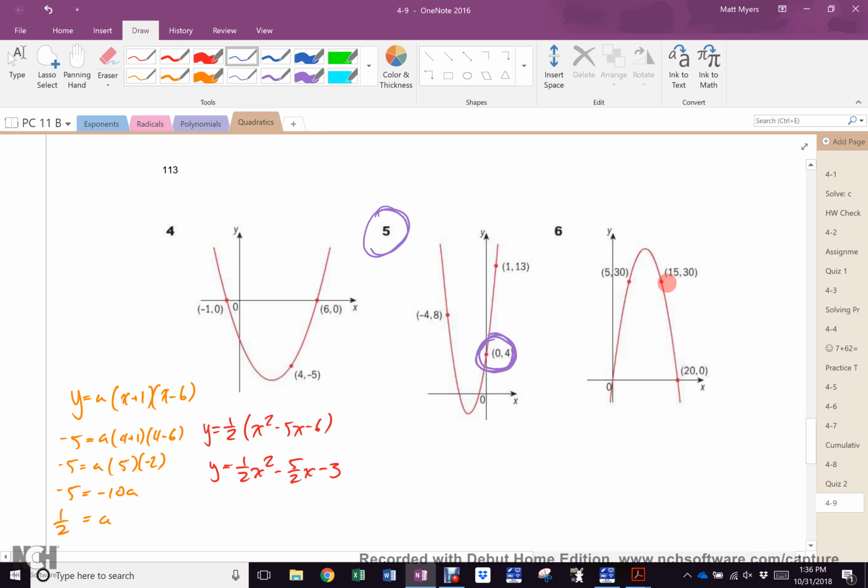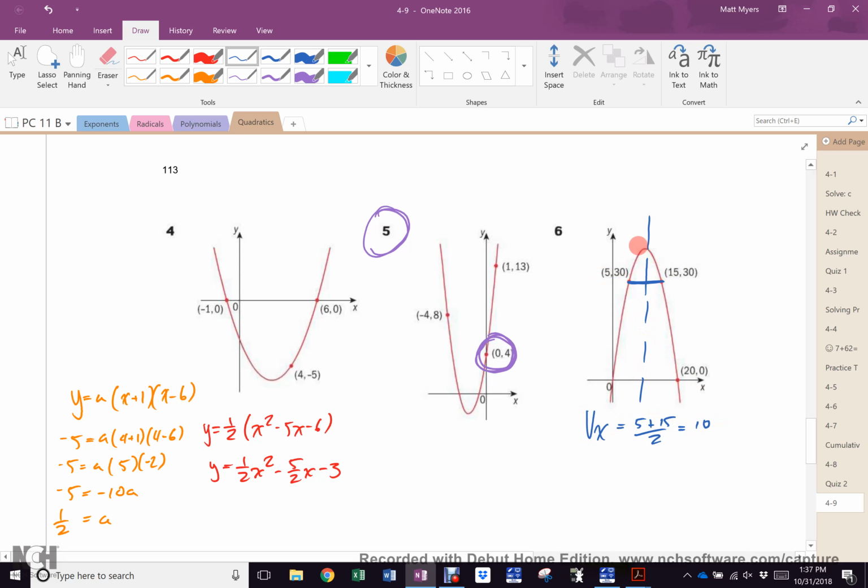6 is a little weird because you have one root, and it looks like you have the other root, but you're not 100% sure. But you definitely have these 2 points, correct? Which means what do you automatically know? You know the x of the vertex, don't you? Because it's 5 plus 15, which is 20, divided by 2, equals 10.